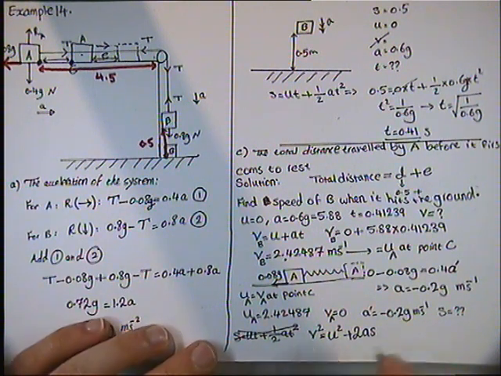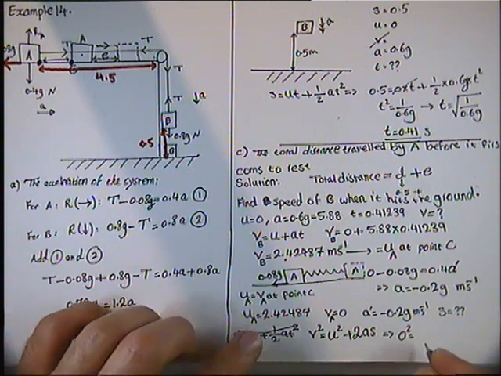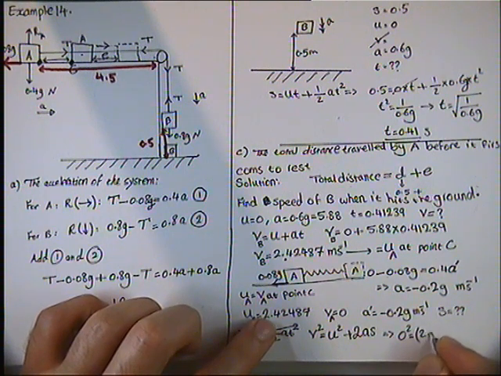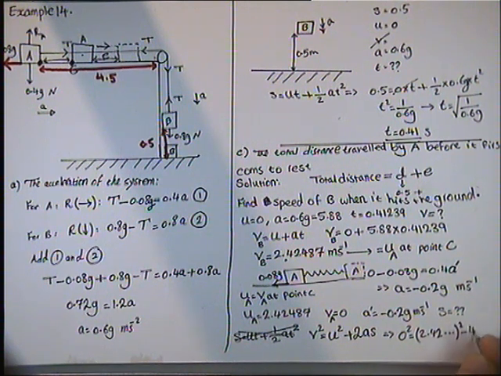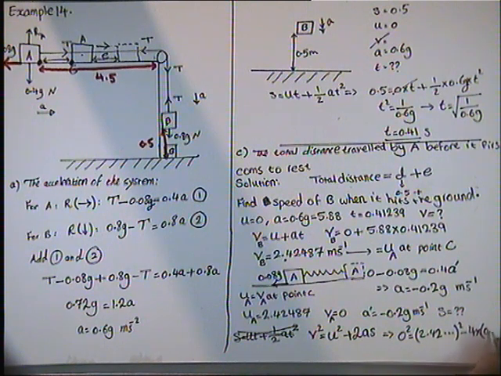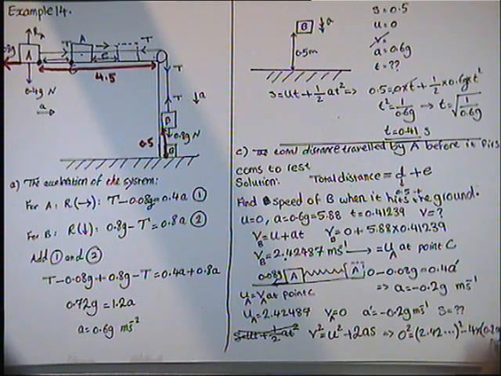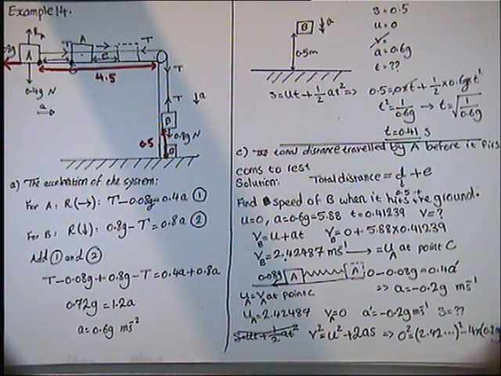Since v is 0, 0 squared equals 2.42, and so on, the full number, all squared, minus 4 times 0.2 g times s.